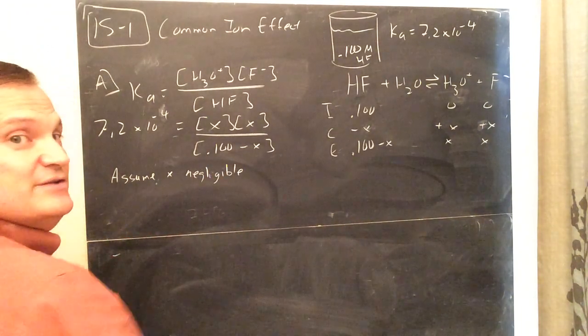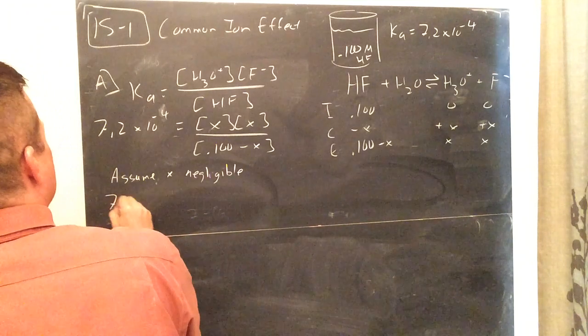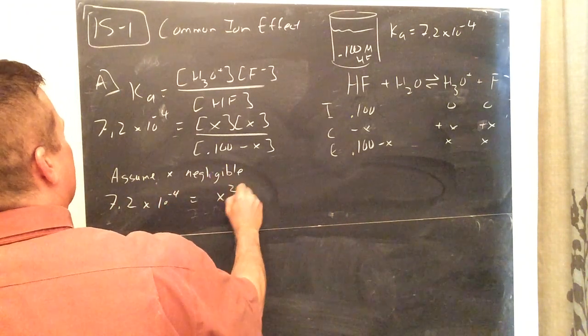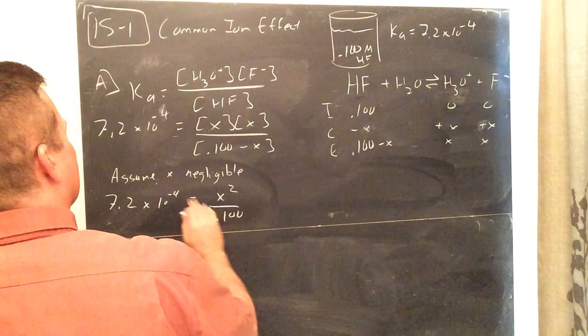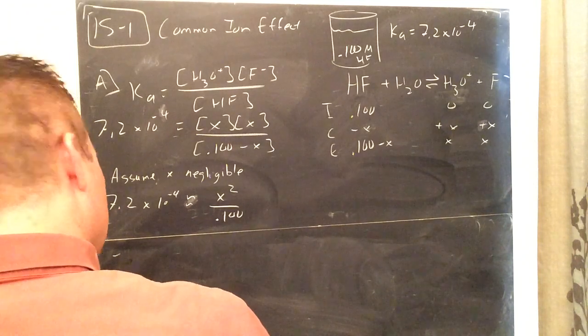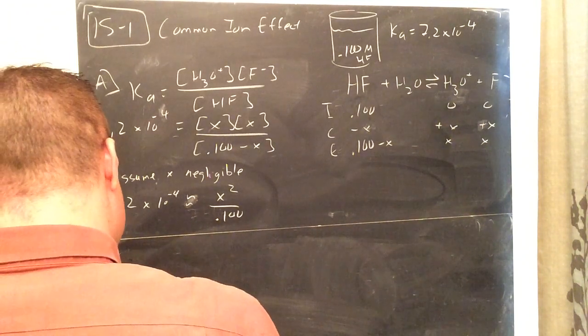Am I in a good place? Yeah, can you read that okay? All right, so 7.2 times 10 to the negative 4 equals X squared over 0.100. Oh, I always forget to put my little approximate sign, because that just makes it double safe to do it that way.